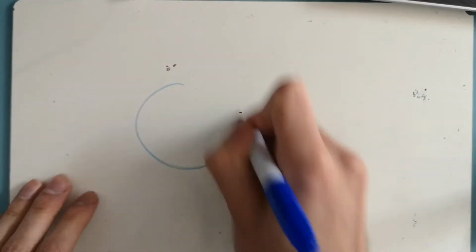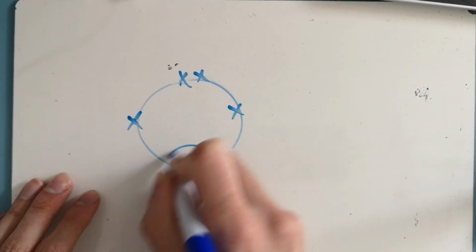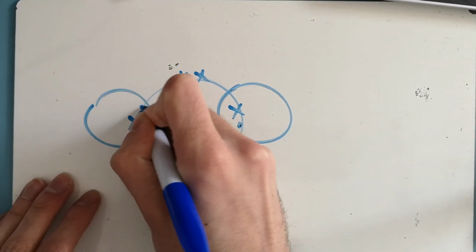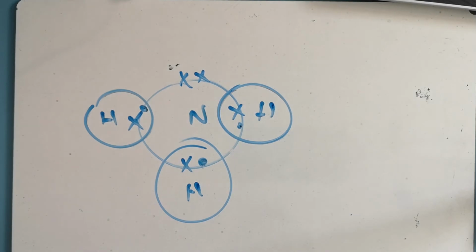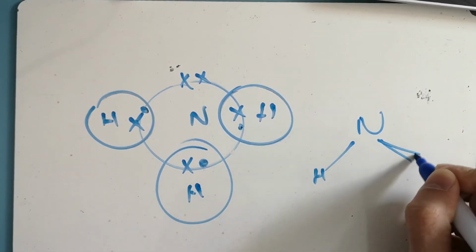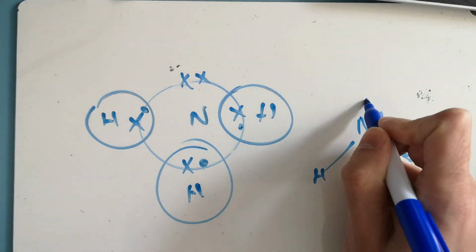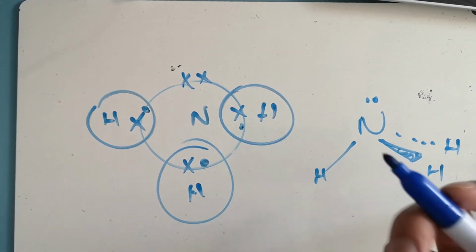Nitrogen, group 5, so 5 electrons in its outer shell, and then bonding with 3 hydrogens, covalent bonds, so that's our NH3, so 3 bonded pairs and 1 lone pair make this look like this shape, which is trigonal pyramidal. So A, ammonia is trigonal pyramidal because it looks like a triangle pyramid.